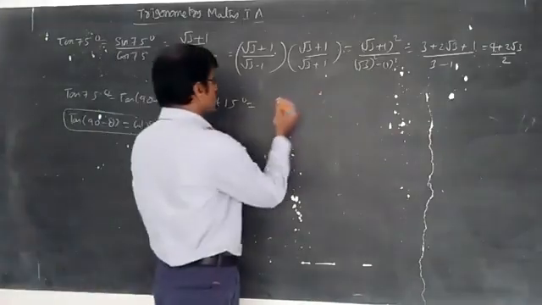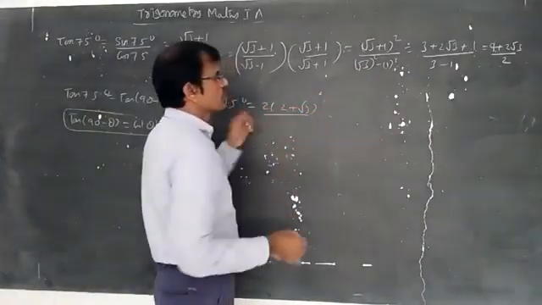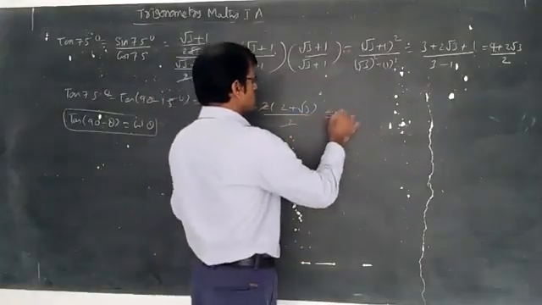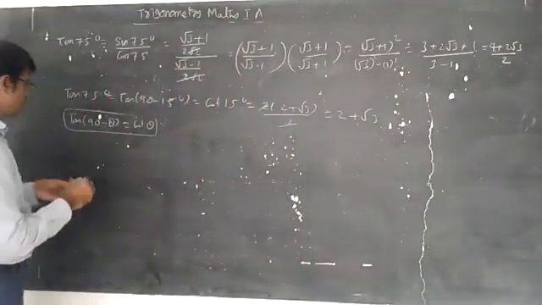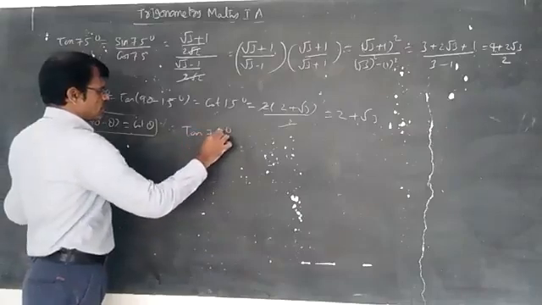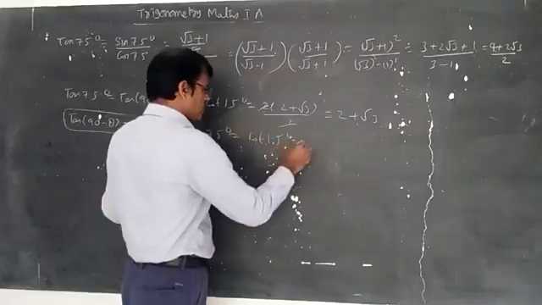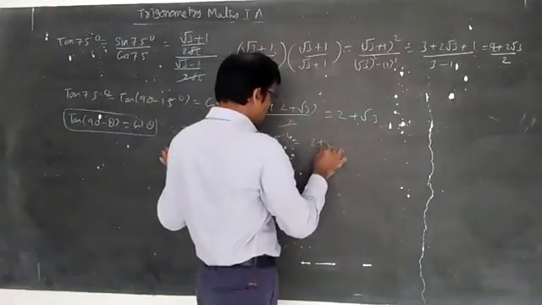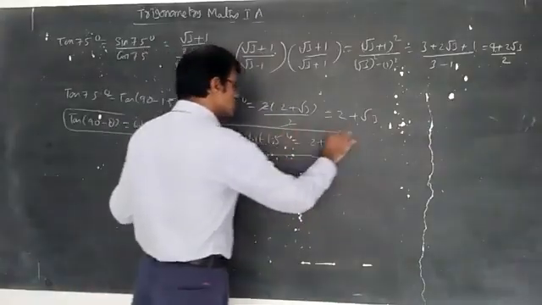Therefore, tan 75 is equal to cot 15, which is equal to 2 plus root 3. It is also most likely asked.